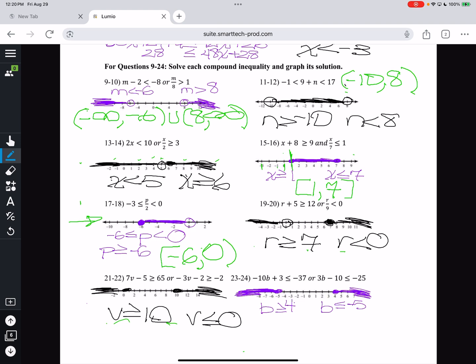Does that make sense? Would you still use brackets? Only if you filled them all the way in. Positive and negative infinity will never be a bracket because there's never a specific number out there. So for the 6, could you put a bracket for that one if it was filled in? If it were filled in.